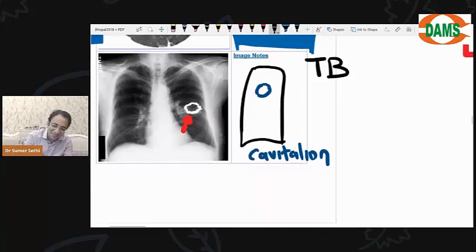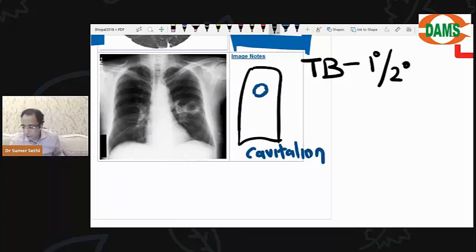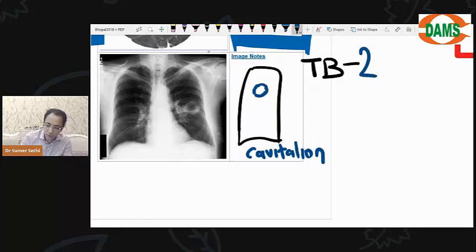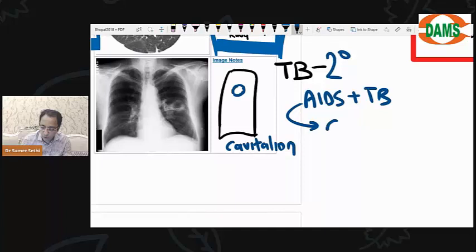Let's see if you can answer. My question is, if any one of you can answer, tell me, is cavitation more common in primary TB or secondary TB? Cavitation is more common in secondary tuberculosis. One more thing: if an AIDS patient develops tuberculosis, will you see cavitation?